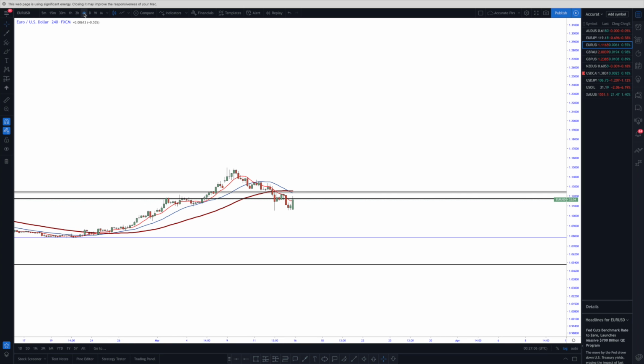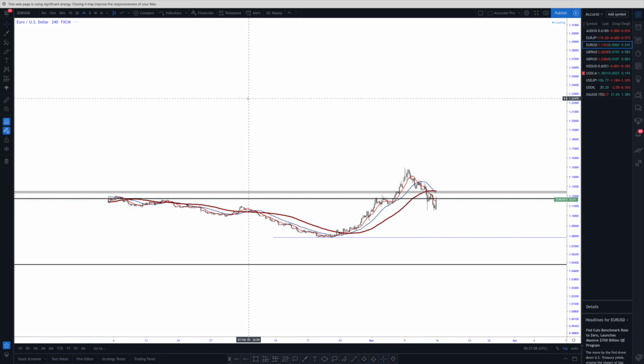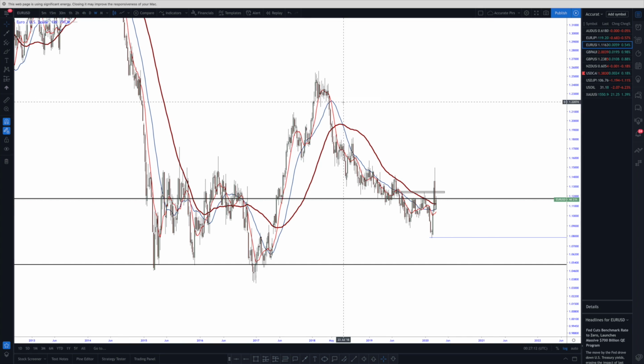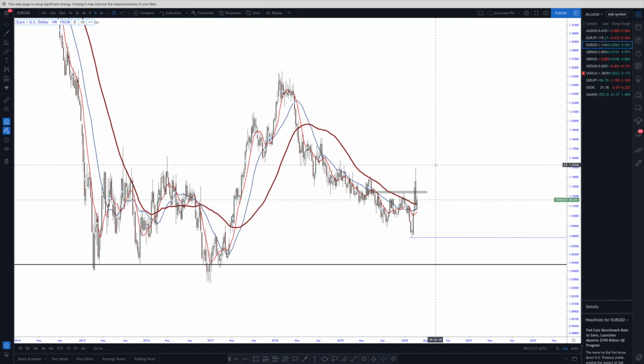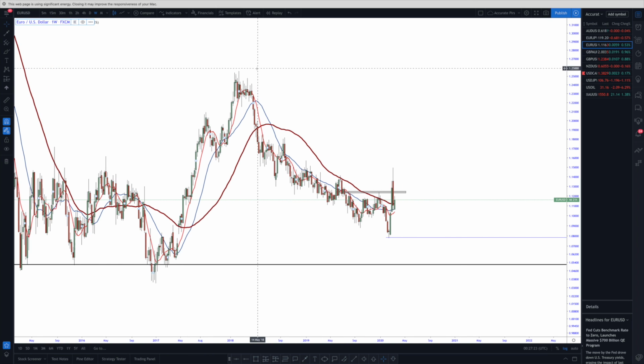Go down to the 4-hour time frame. Not really seeing much, I must say. I will get rid of this resistance level as it's broken.